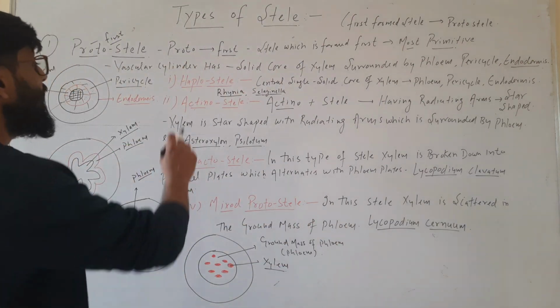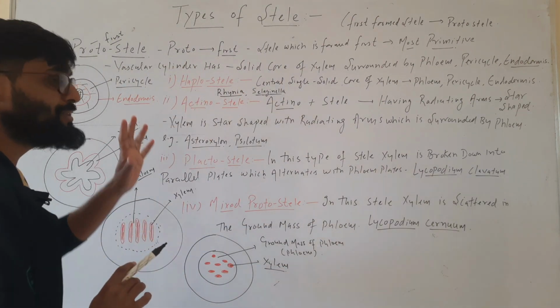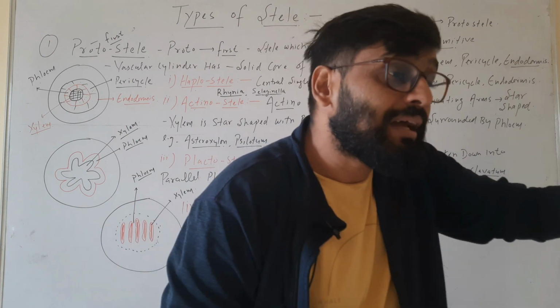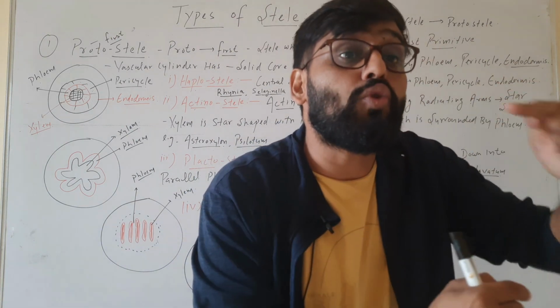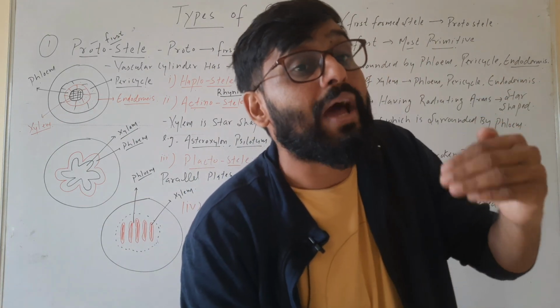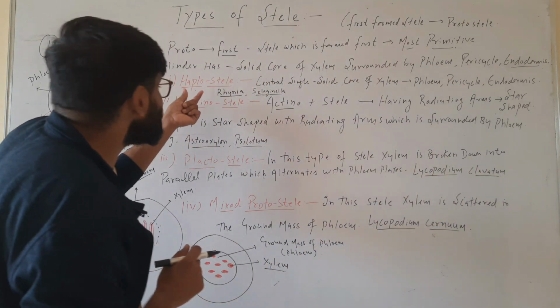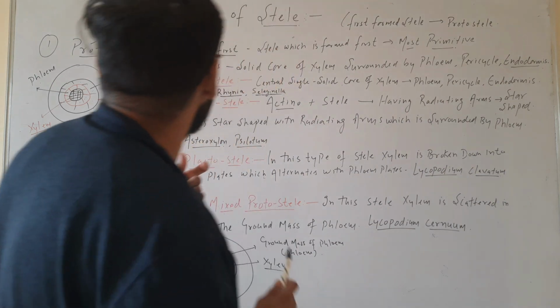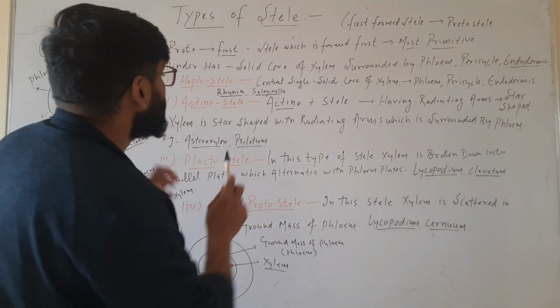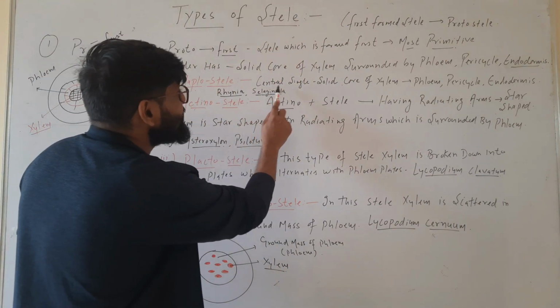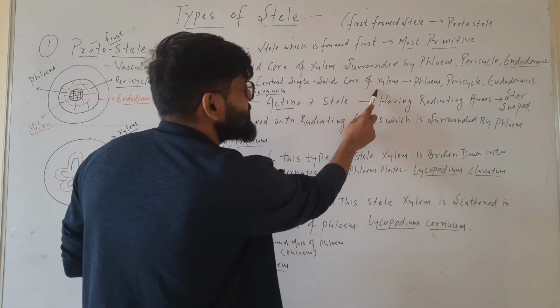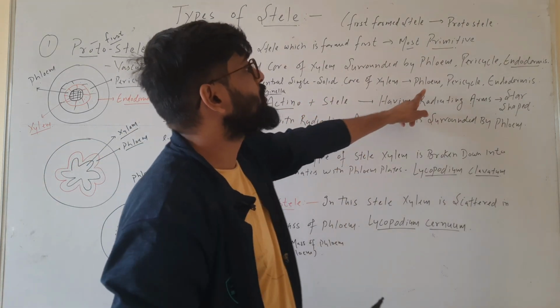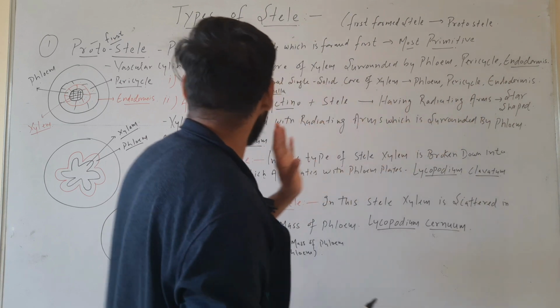Its first type is haplostele. Haplo means single, so here a single core of xylem is present. That is why it is called haplostele. So what is haplostele? A central single solid core of xylem, surrounded by phloem, pericycle and endodermis.